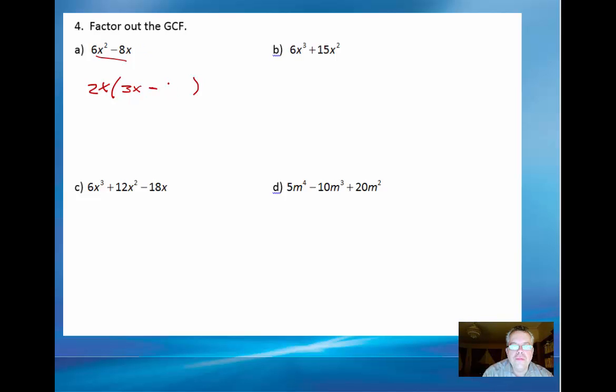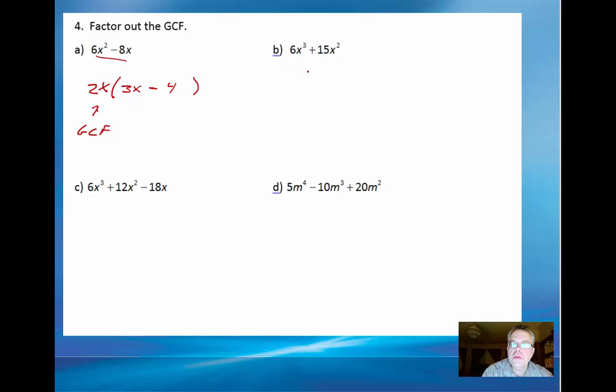Well, 2 times 4 gives me the 8. We don't need anything for the x. X times, you can think of this as 1, is x. All right, we got it. 2x times 3x minus 4 is equal to that. So we factored out the greatest common factor. We wrote it as the greatest common factor times whatever's left.